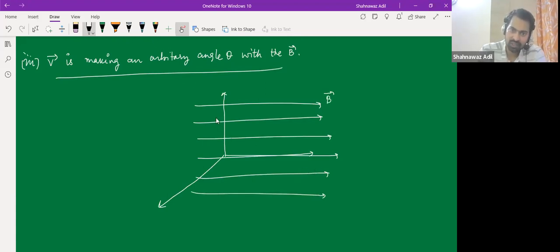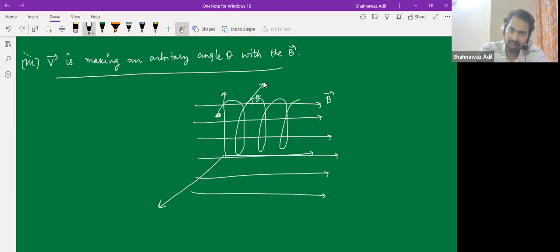And charge starts to move in here. So charge is moving with some angle, right? So in here it has some velocity. So this is magnetic field, right? This is making an angle theta. Okay.